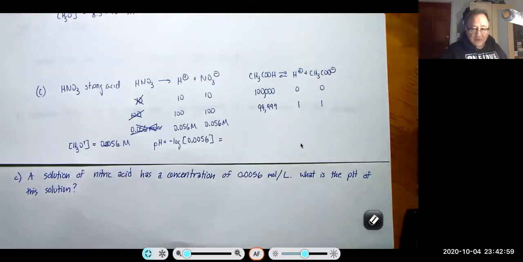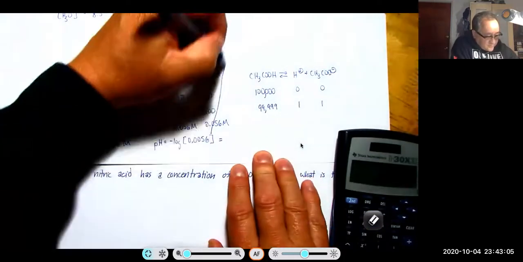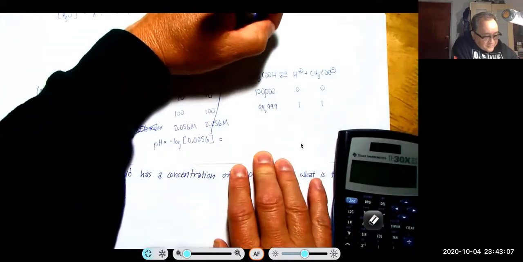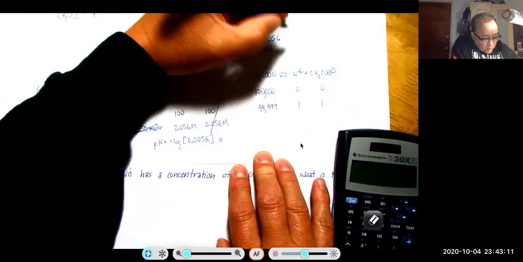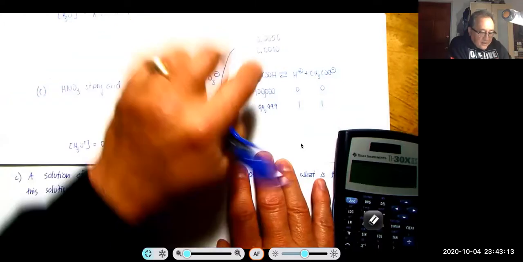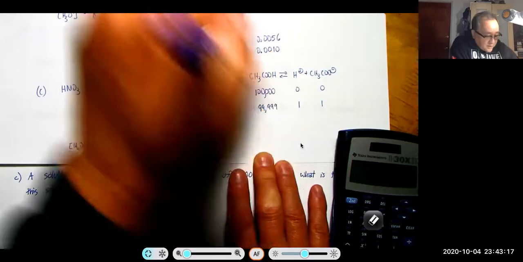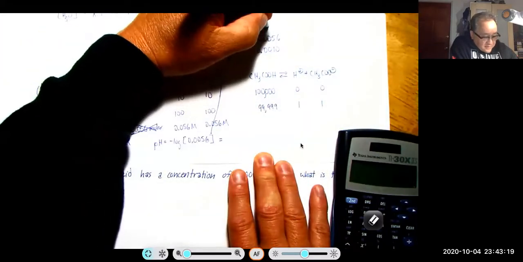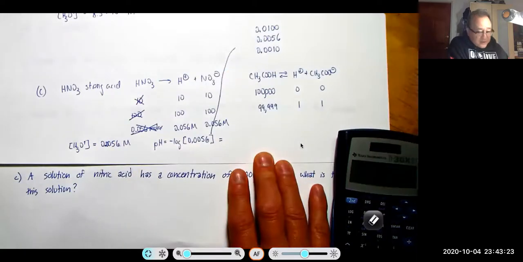All right, so here I'm going to show you again how I would estimate this. 0.0056, 0.0010. Can you see how this number here, 56, is larger than that one, but also how 0.0056 is less than 0.0100.